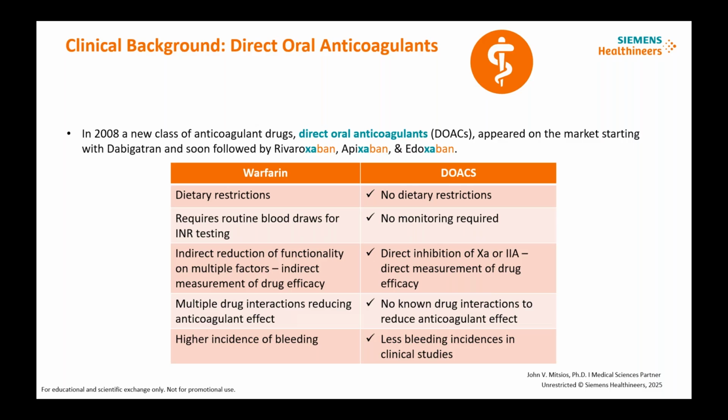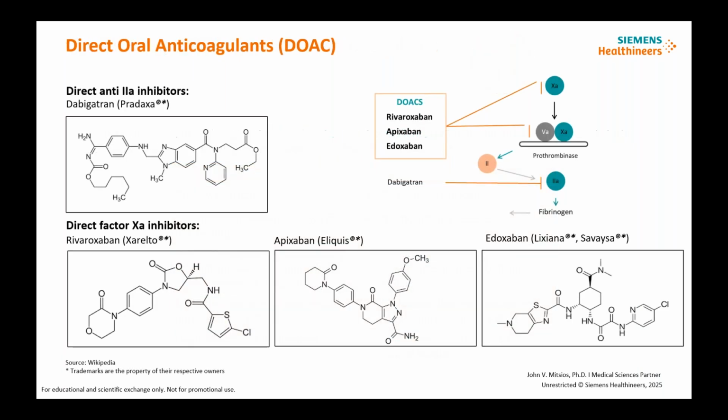However, there are no drug interactions that reduce the anticoagulant effect of DOACs as yet described by the clinical studies that have been performed. With warfarin there's a higher incidence of bleeding, because it can sometimes be very challenging to maintain the INR within the therapeutic window, whereas with DOACs there is less bleeding in clinical studies. So there are clearly some advantages to treating patients with these new oral anticoagulants.